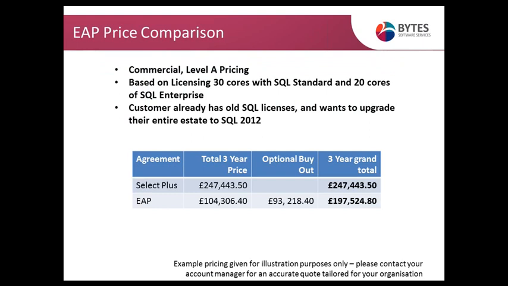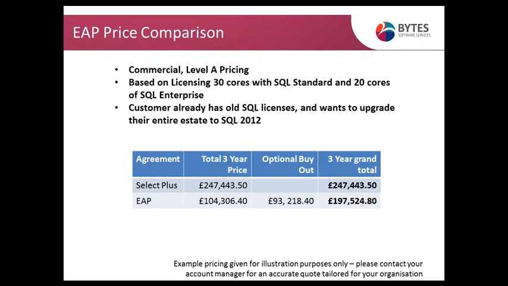They want to bring themselves up to a newer version of SQL or the other products, taking into account the licenses they already own. If you did it through Select Plus, you could only buy license and software assurance through this, and that would give you a total 3 year price of £247,000. If you did it through the Enrolment for Application Platform, you'd have a total 3 year price of £104,000.